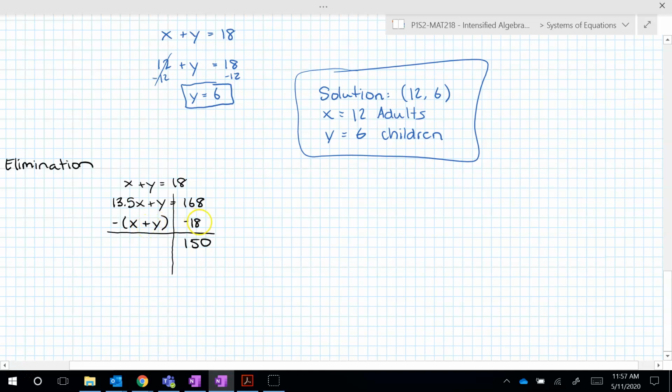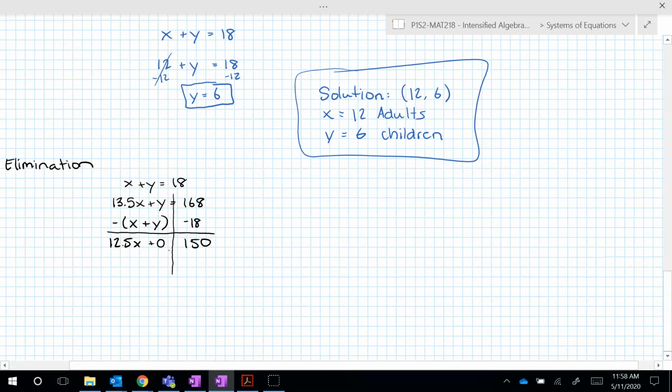So I'll subtract 18 from the right side and x plus y from the left side, and that simplifies things. Because if I subtract x from 13.5x, I get 12.5x. But if I subtract this y from that y, if I have one y and I take it away, I'm left with 0. There's nothing there. And so I just have 12.5x equals 150.